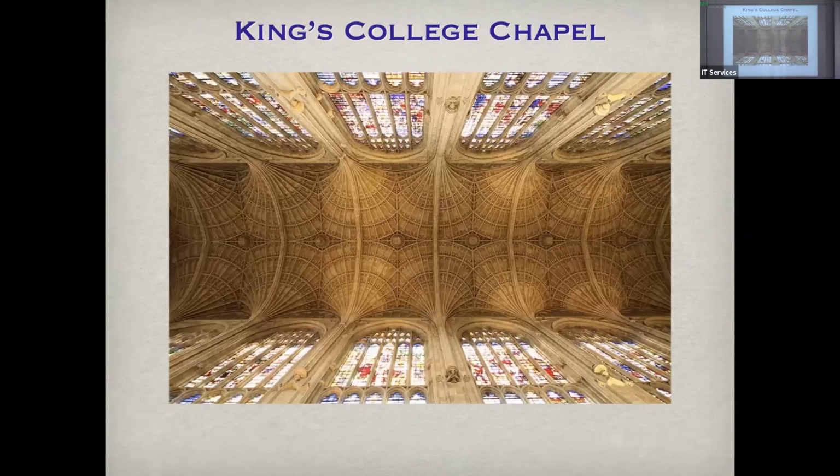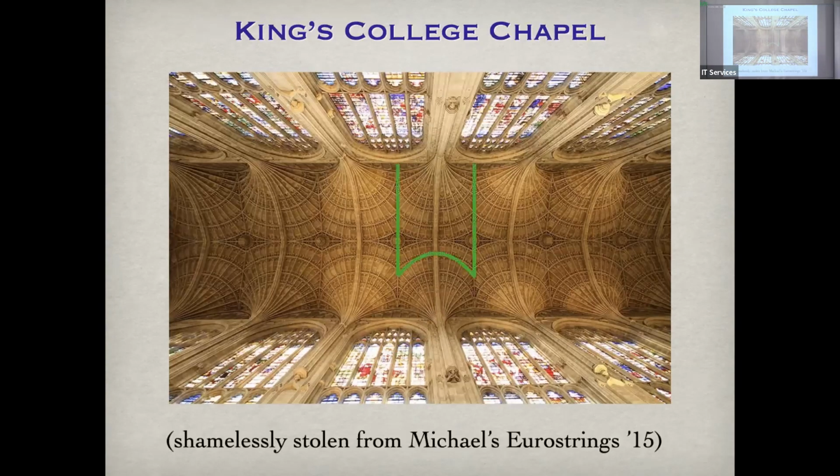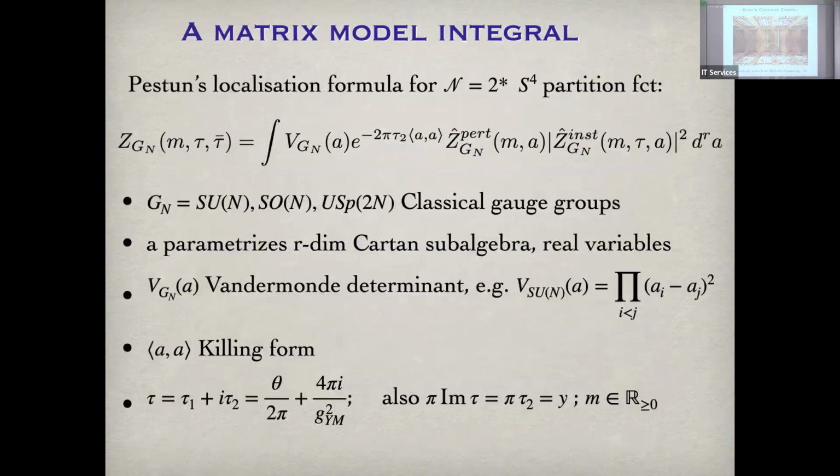You enter King's College, and you find the chapel. And then I'm sure that everyone will spot it, that there is a fundamental domain of SL(2,Z). And this is shamefully stolen from Michael's Eurostring. For those of you who participated, there was a little Easter egg on the webpage that Michael did himself. If you clicked on the image, you would actually get this picture.